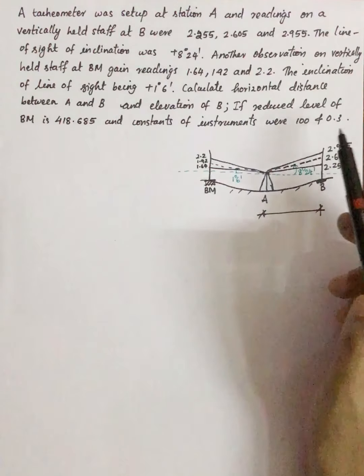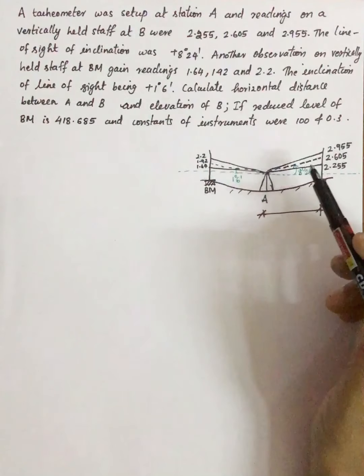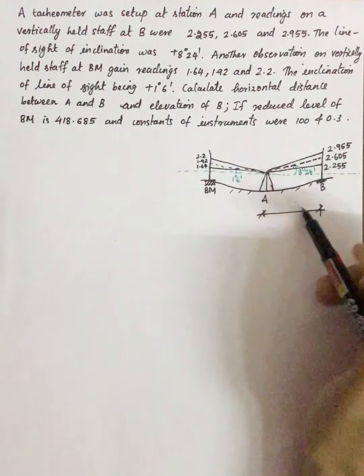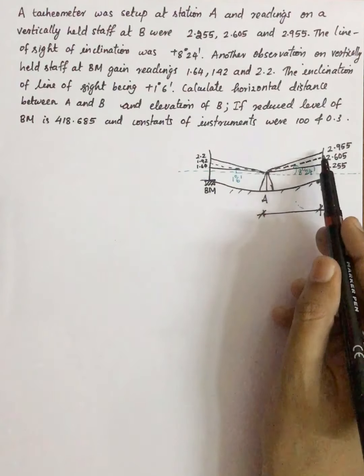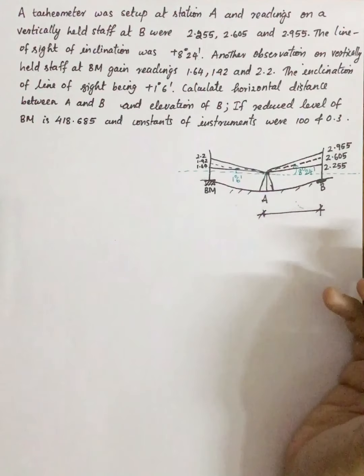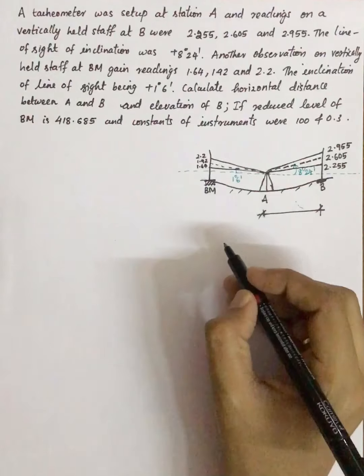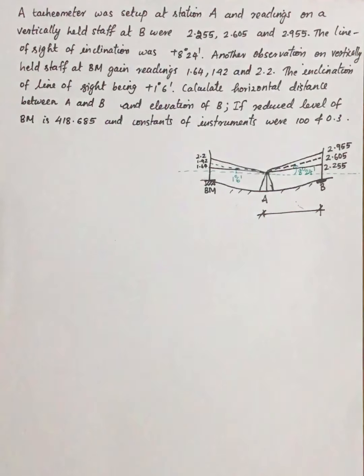This is the case 2 condition of tachometric surveying, right? Here the line of sight is inclined and the staff is held vertical. In such cases, you know the equations for distance D and vertical elevation V. D is how much?